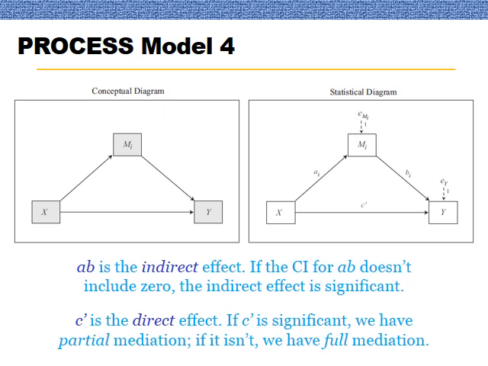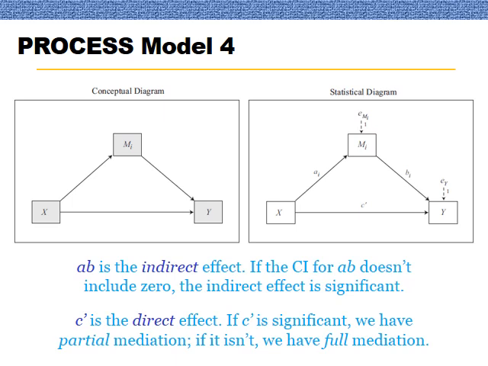We'll make this decision by comparing the significance of the total effect against the significance of the direct effect. So as a reminder from last spring, our total effect is the overall relationship between x and y. We will then take that total effect and separate it into indirect and direct effects.